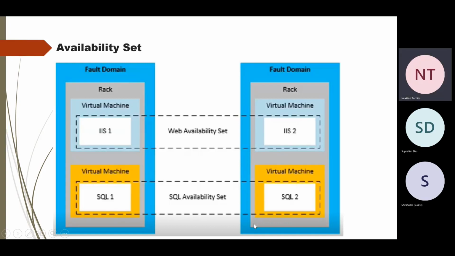So this guarantees high availability, but here it guarantees a 99.95 SLA. If the customer has a requirement for the 99.95 SLA, then you go with the availability set configuration. If the customer wants a 99.99 SLA, then we have to use the availability zone.